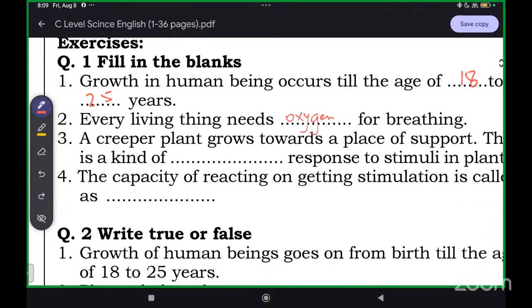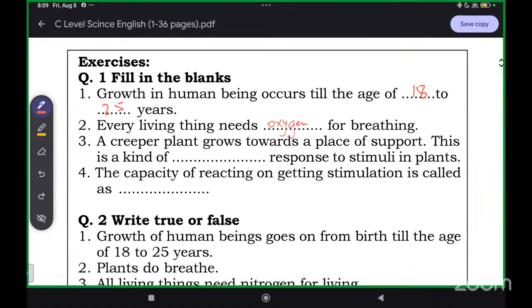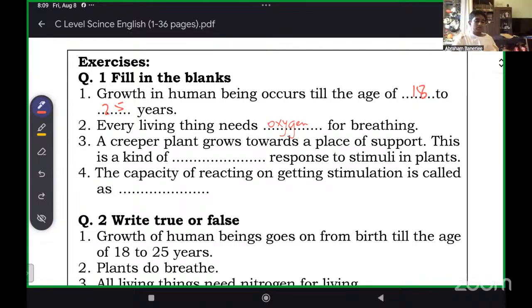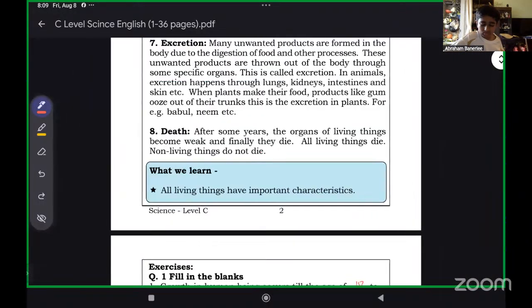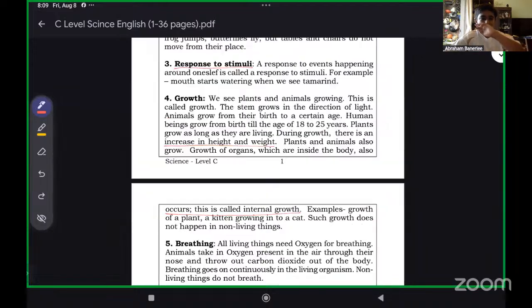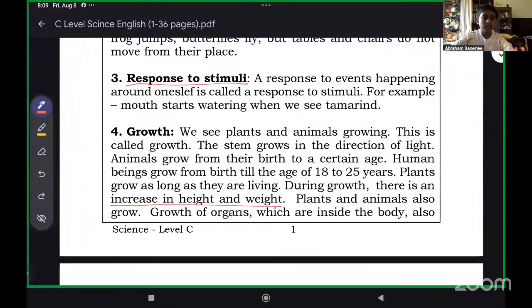Next one. A creeper plant grows towards a place of support. This is a kind of dash response to stimuli in plants. Ma'am, the answer is not there.